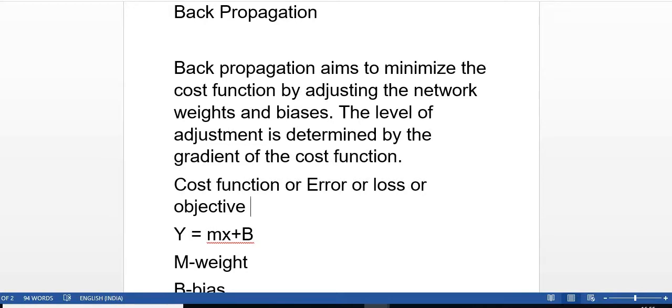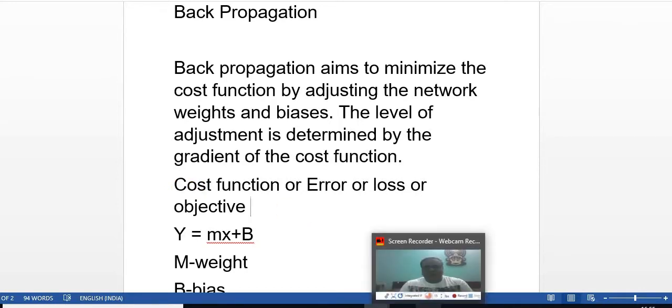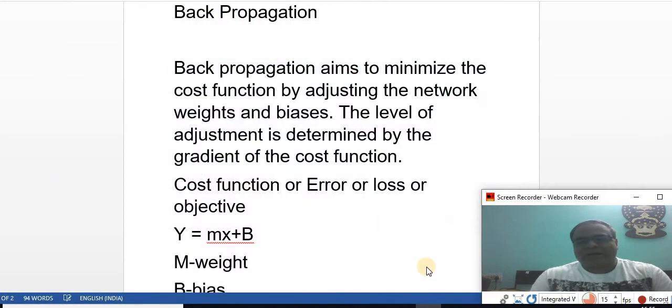See, cost function is used in machine learning, artificial intelligence, and even in economics and statistics. This cost function denotes the error. From a machine learning perspective, cost function denotes the error.